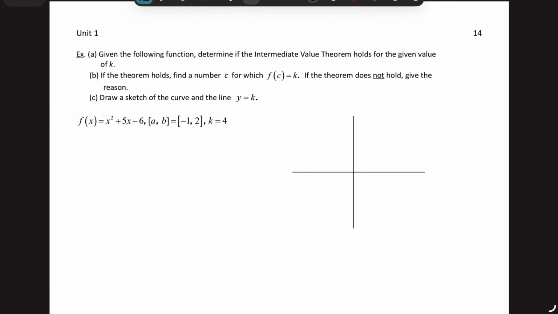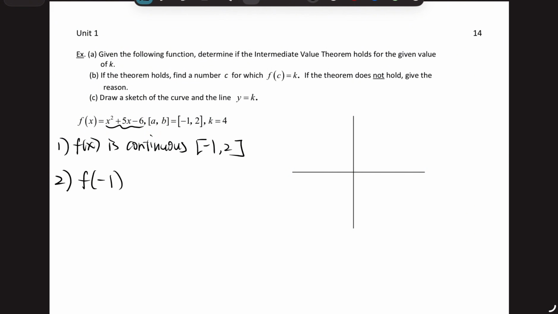Again, first of all, we have to determine if IVT holds. There are 3 conditions. The first one is continuity. Since it's a smooth function, we can say f of x is continuous over the interval -1 to 2. The second one, we have to see if f of -1 is equal or not equal to f of 2.